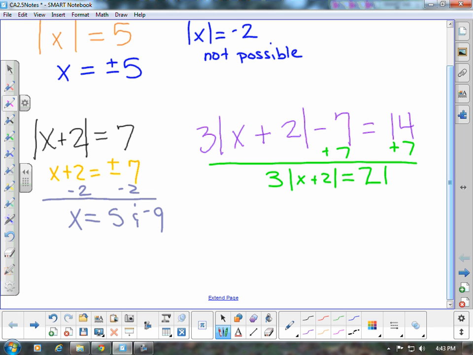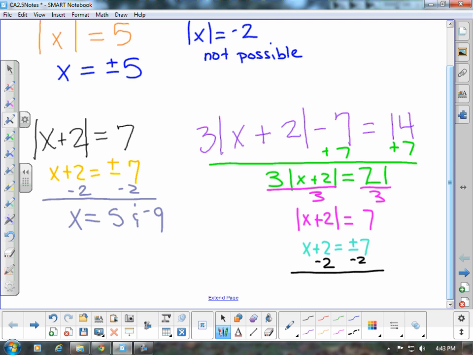And then from there, you would divide by 3, and then you would have the absolute value of x plus 2 equals 7. Now you would get rid of your absolute values, and then x plus 2 equals plus and minus 7. And then finally, subtracting 2, and you would have x equals 5 and negative 9.